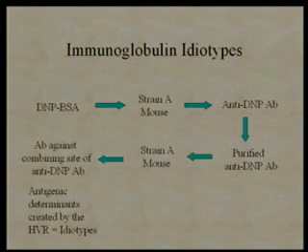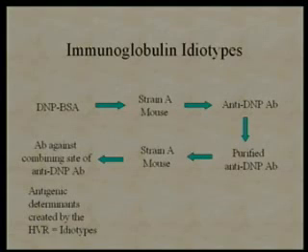All right, is it clear what the idiotype is? It's an antigenic determinant that's created by the hypervariable region. Every antibody, then, of different specificity has a different idiotype. Because the specificity is determined by the hypervariable regions, so every different specificity represents a different idiotype.